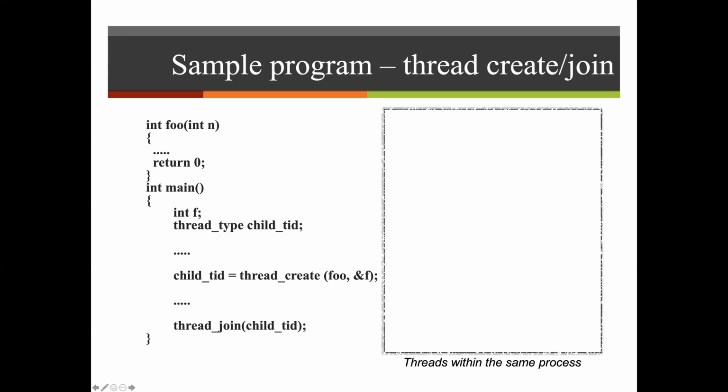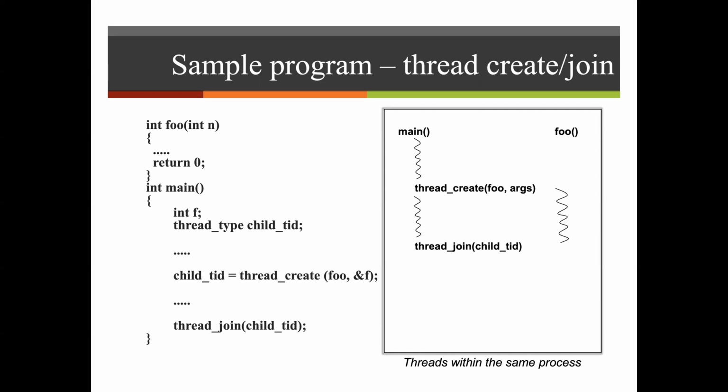And so in this case, what occurs is that the program executes. We have thread create occurring. Foo is executing while the program executes. The result gets returned, and then there's a join with the thread.